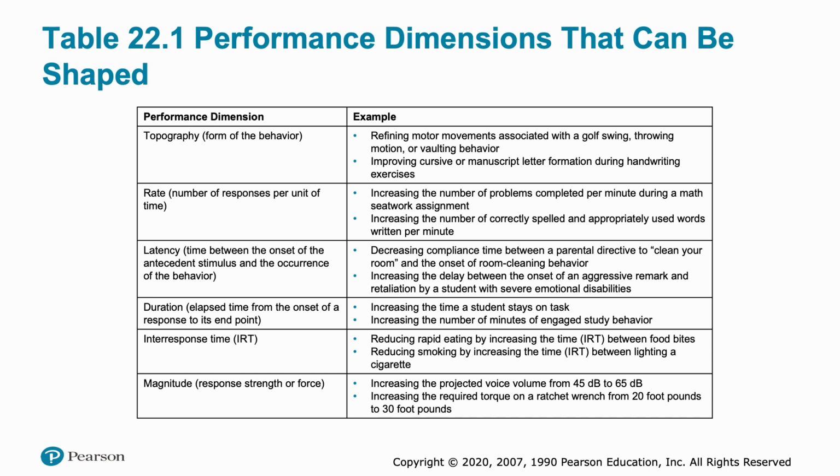I wouldn't do both of those at the same time. I would probably focus on topography first, and then eventually teach them how to hold their pencil a little bit tighter and push down on the paper a little bit harder. But I'm just trying to give you examples of different dimensions that we can work on.